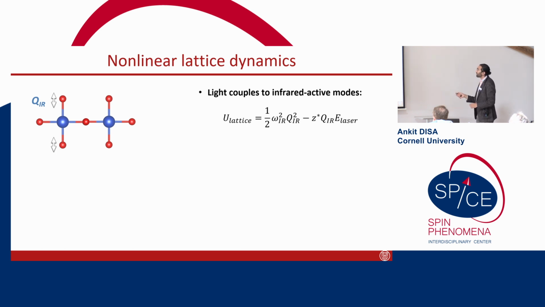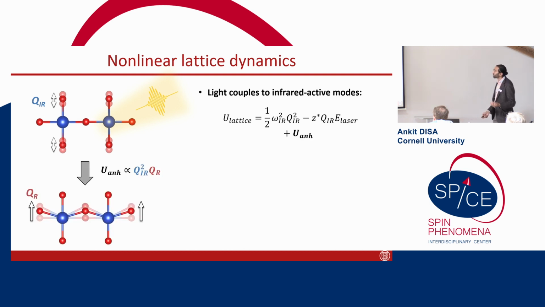In that case, what will happen is that you essentially will vibrate the lattice along the direction of that infrared active mode. But if you drive the system strongly enough, you'll also access anharmonic terms in the crystal potential, one of which is a term that couples, let's say, infrared active modes to Raman active modes. The lowest order term is one that looks like this, where the square of the infrared active mode couples linearly to the Raman mode.